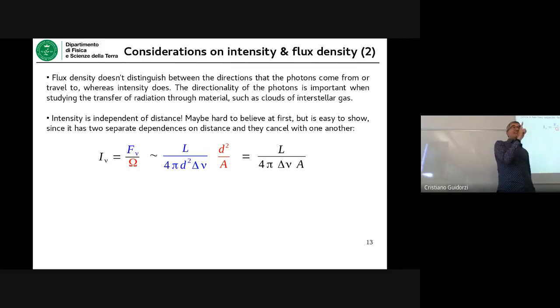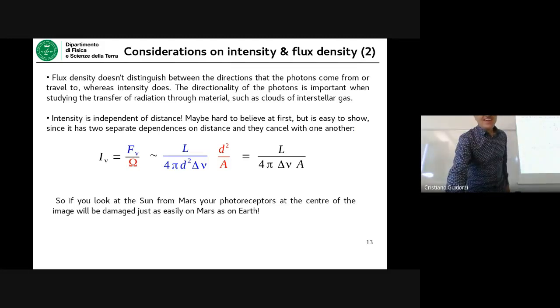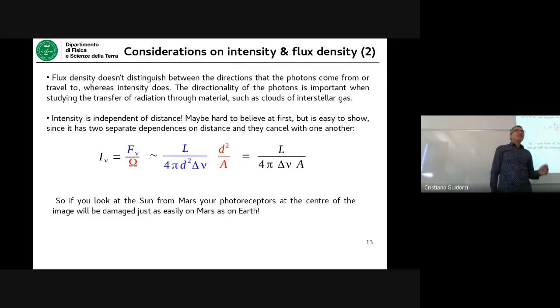But remember that intensity is what your eyes are sensitive to. So what does this mean? You know that looking directly at the sun is not a very good idea, particularly if you do it for too long, because your photoreceptors can be damaged. I don't know how long it takes to have permanent damage, but not too long.